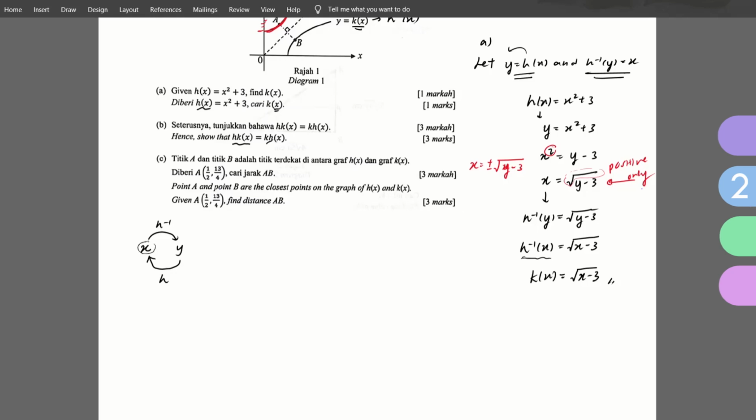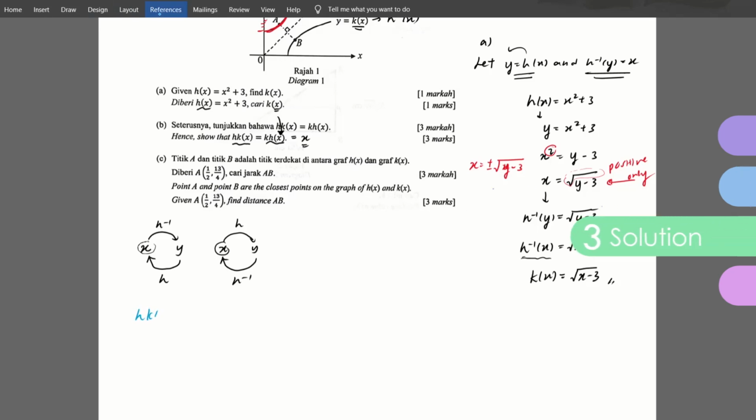Same goes to this one. If I apply h first, it will produce y, and I use the inverse function, so I will go back to the same object. So I'm expecting to have x, because my object is x. Let's try it out first.